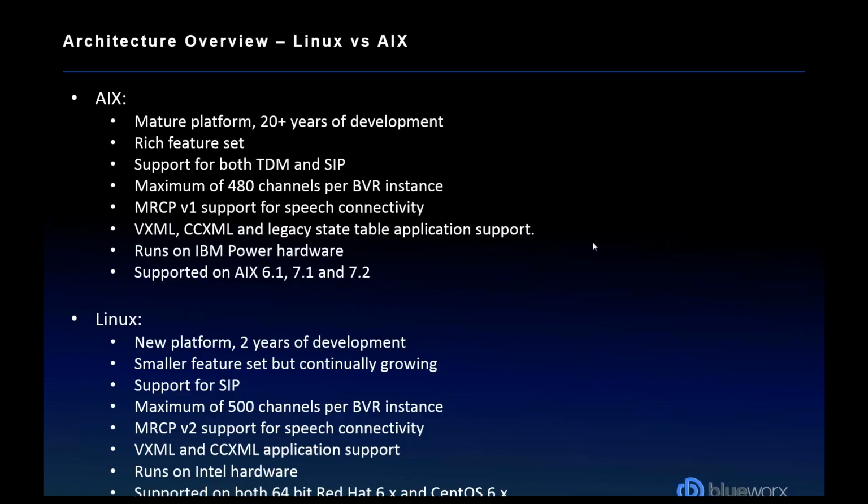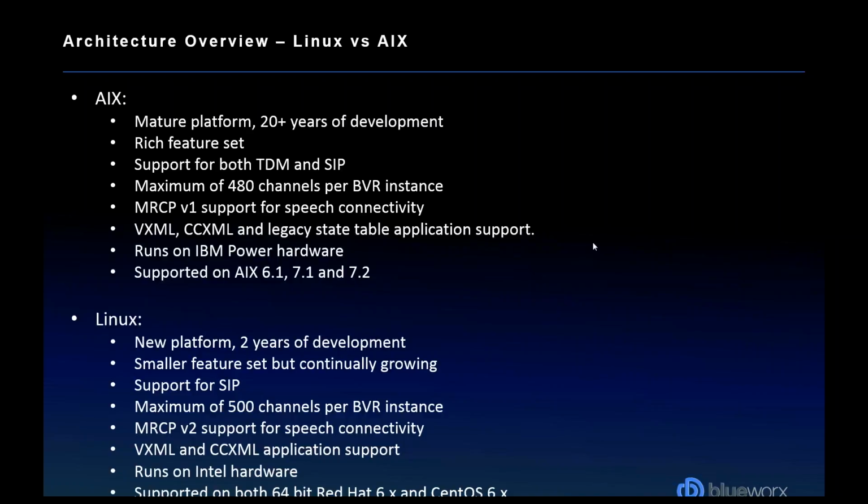The way you do that these days has moved on. That kind of app connectivity you can do in the JSP on the web server that serves up your VoiceXML application. So although there's a smaller feature set in the Linux platform, a lot of those features are just no longer needed.